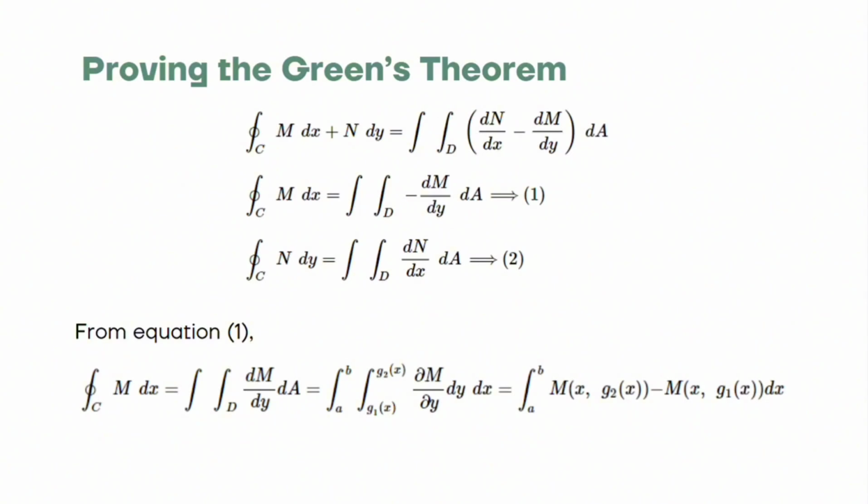Then we substitute the interval g1(x) and g2(x) into dM over dy, and we obtain integration of M(x, g2(x)) minus M(x, g1(x)) dx with the interval of a and b. The same step is used to prove the second equation, which is integration of N dy.